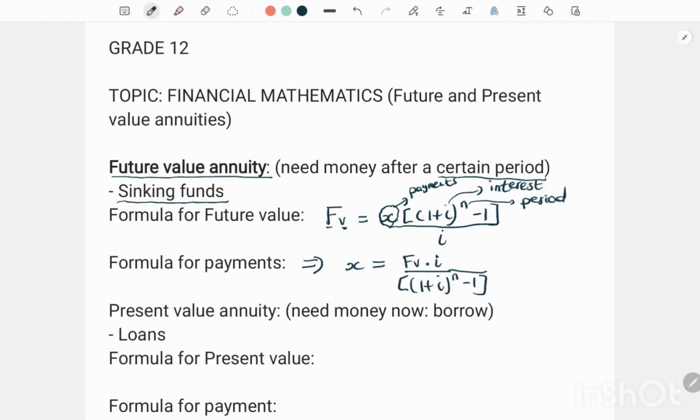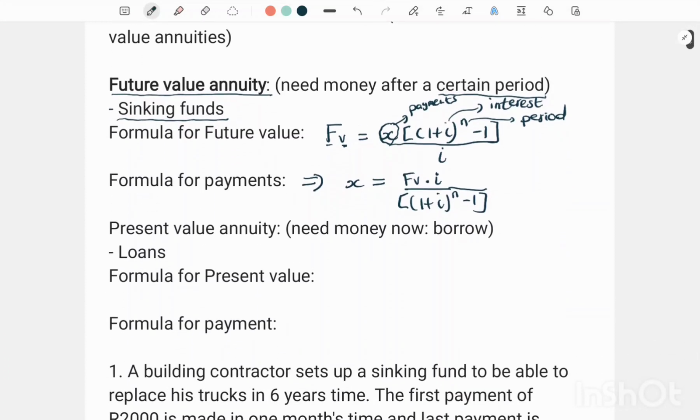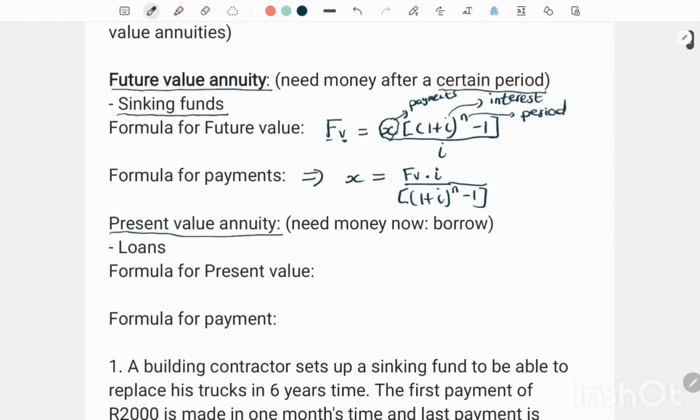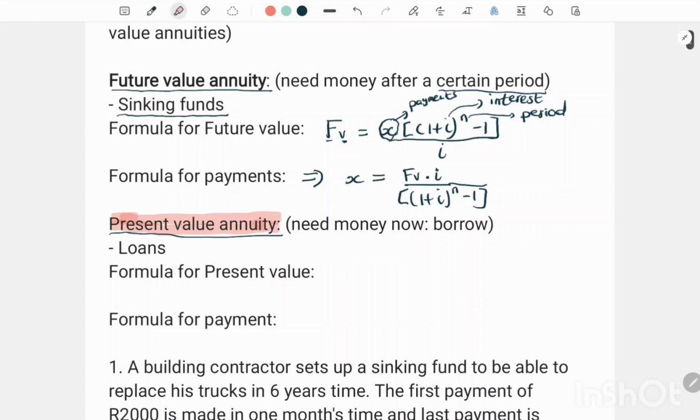Then we have what is known as a present value annuity. This one is normally used when you need money right now. When you need money now, what do you do?